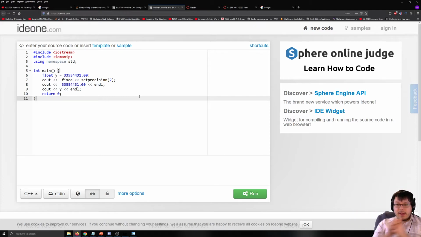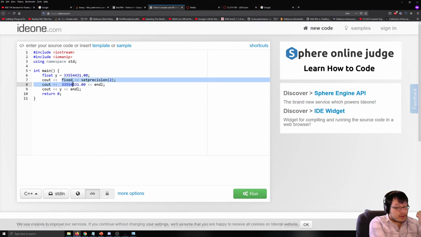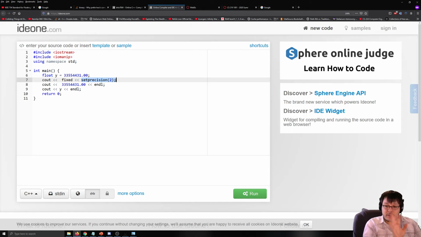Okay, so here we have a little bit of C++ code. We're using the iomanip library so that we don't see scientific notation and we actually see decimal digits. If you don't remember that, you can just watch one of my lectures on 135. We use the fixed keyword along with setprecision so that we can see the decimal value, even though this is a whole number, because otherwise the scientific notation hides that.